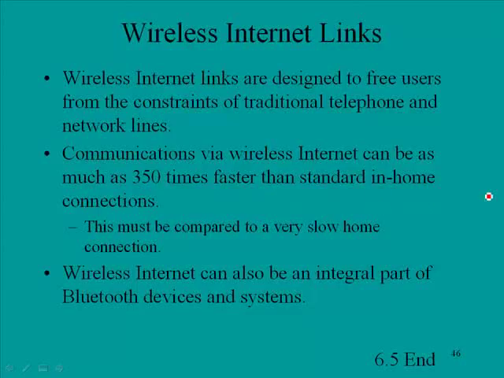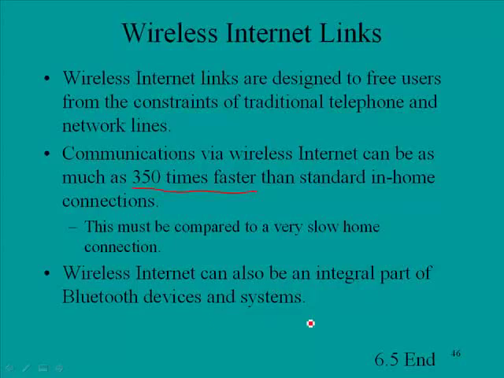Mind you, wireless internet connections are usually faster than a dial-up modem. But I think that 350 times faster is a little bit of a stretch. But we'll see as time progresses. Maybe it'll get better. Wireless internet can also be an integral part of Bluetooth devices and systems.